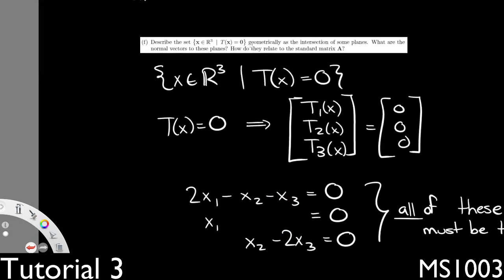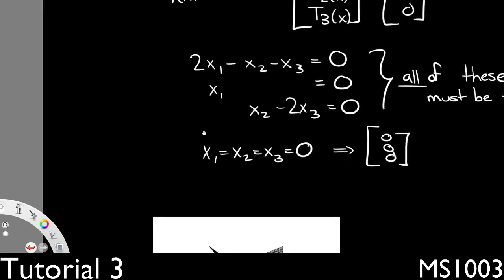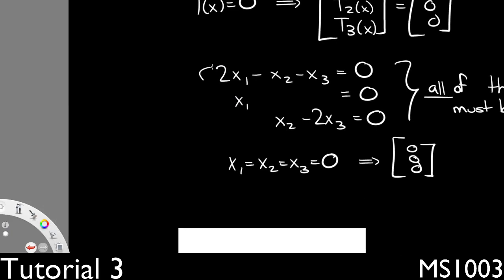But the question didn't ask us to do this algebraically at all. It asked us to do it geometrically, as the intersection of planes. That part comes from the fact that these equations look like the equations of a plane. So if you remember what the equation of a plane looks like, it's just anything equals 0.